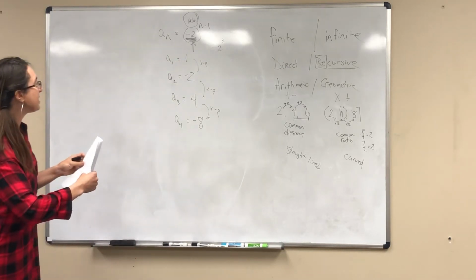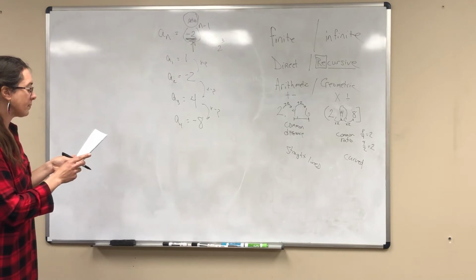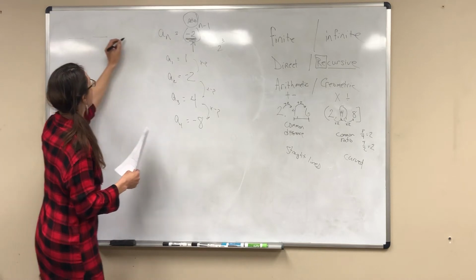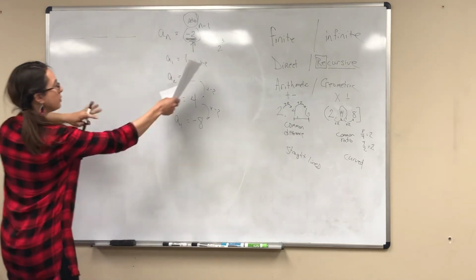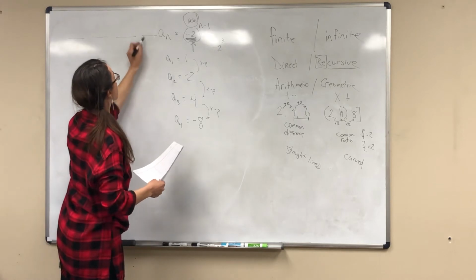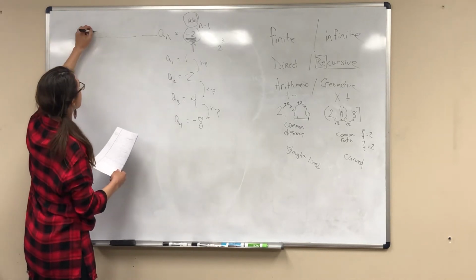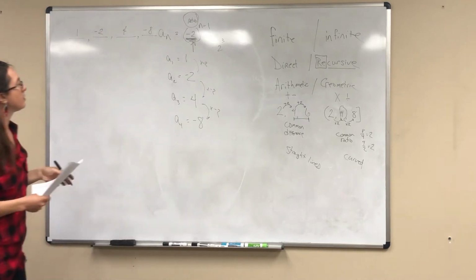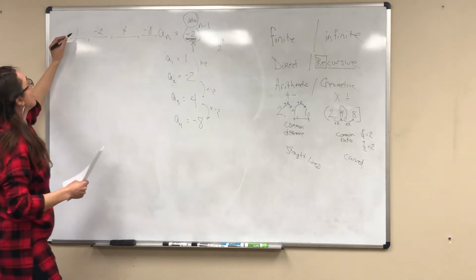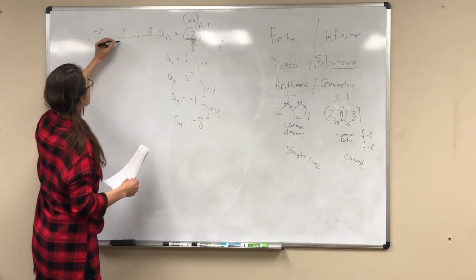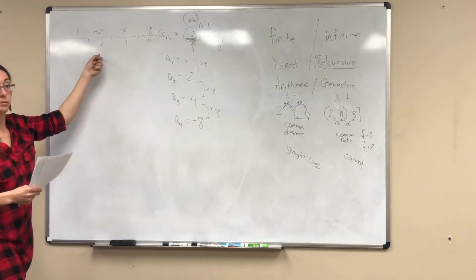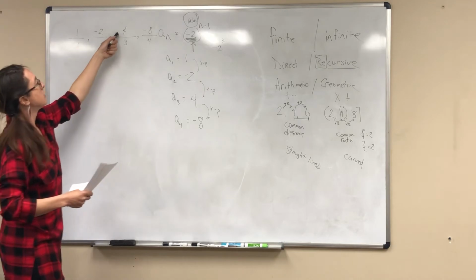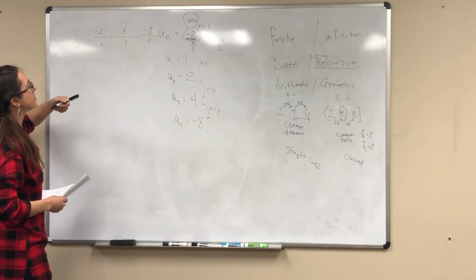Now let's think about the practicality of how many we're jumping and why. If I have 4 terms, 1, negative 2, 4, negative 8, my domain is 4 and my range is negative 8 to 4 currently.